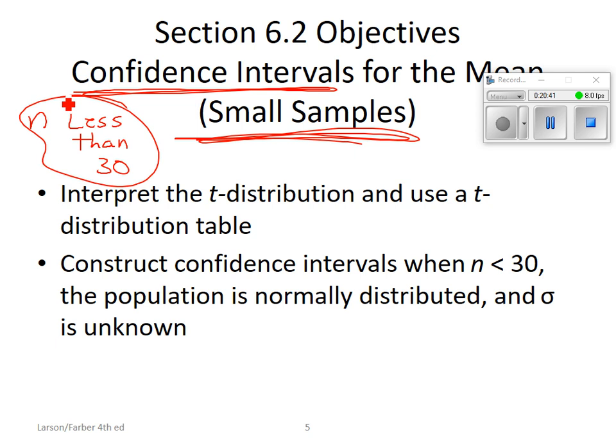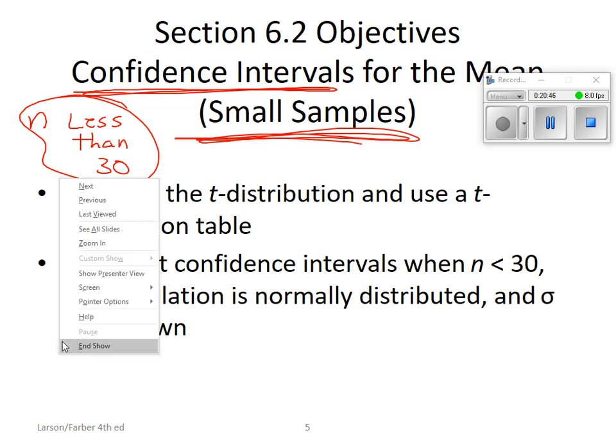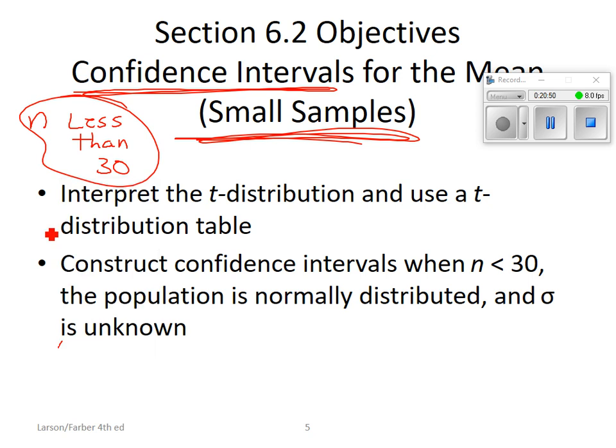The confidence intervals we've done before this had n bigger than 30. Now, when you look at problems, especially on the next test, the very first thing you have to decide is what n is, and whether it's bigger or less than 30, so you know whether to use a z distribution, which is what we were doing before, or a t distribution.